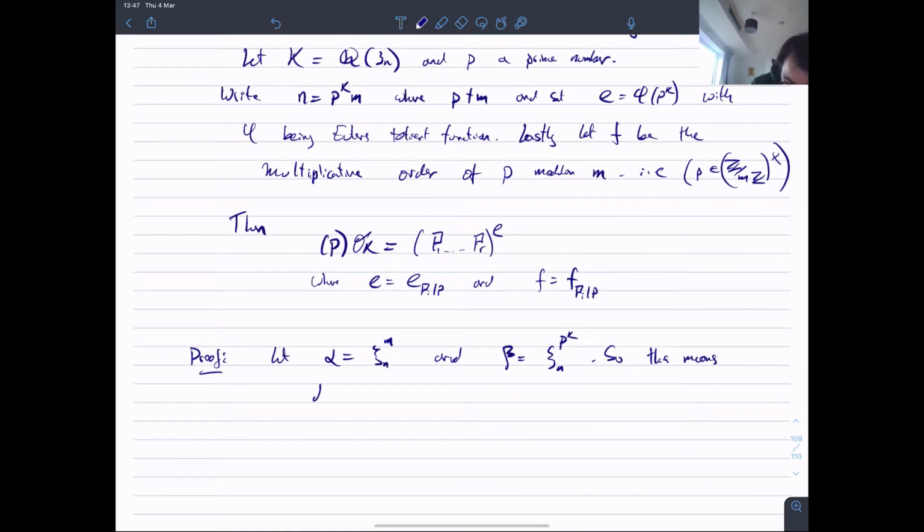This means that α is a p^kth root of unity, and β is an mth root of unity. We're going to prove the theorem by looking at how p factorizes in the fields that α and β generate.